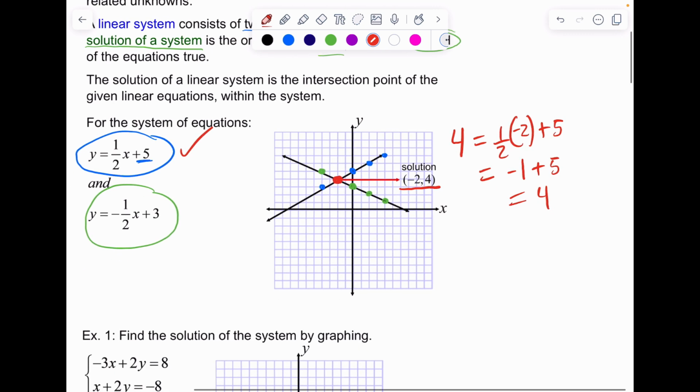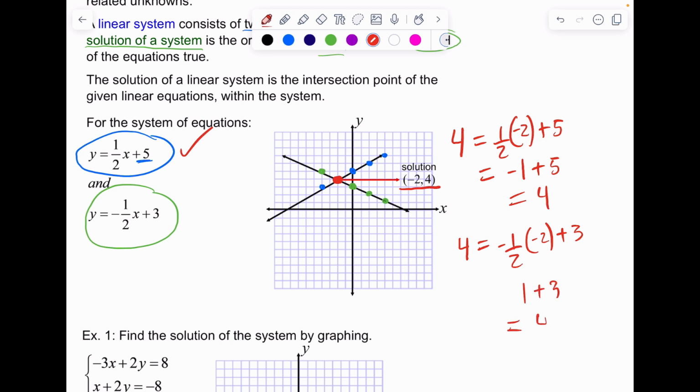How about the second one? Does y, which is 4, equal -1/2 times x, which is -2, plus 3? That's 1 plus 3, which is 4. So once again, yes, that works. All right, let's try it on your own.